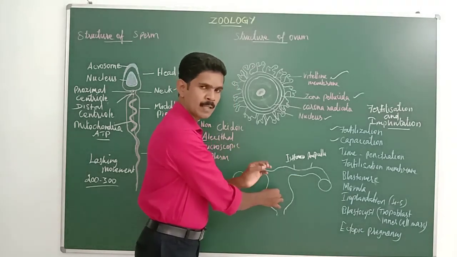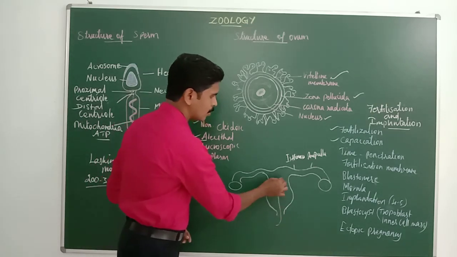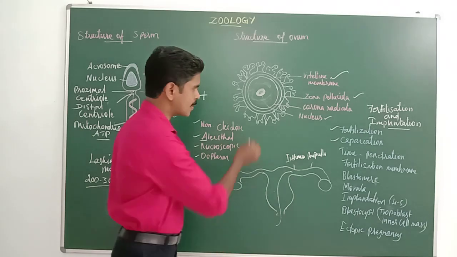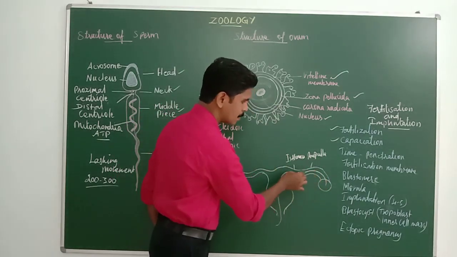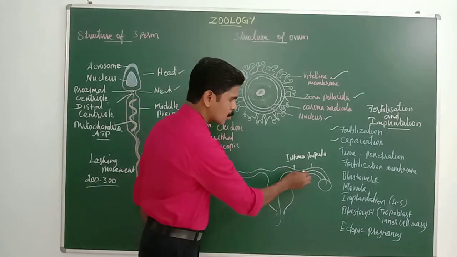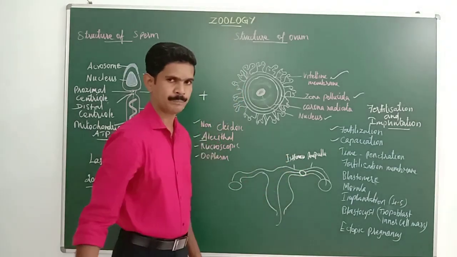For effective fertilization, the sperm should move into the uterus, then into the fallopian tube. At the same time, the ovum also should come to the fallopian tube simultaneously.